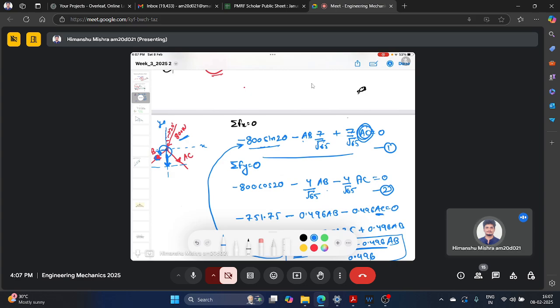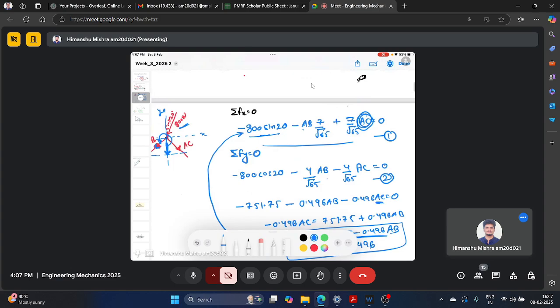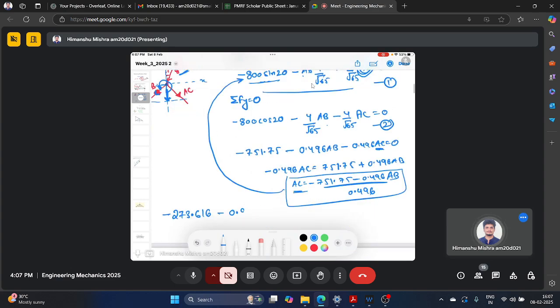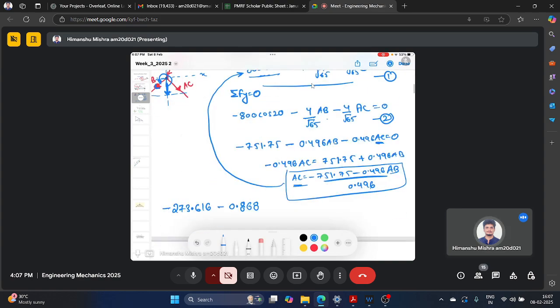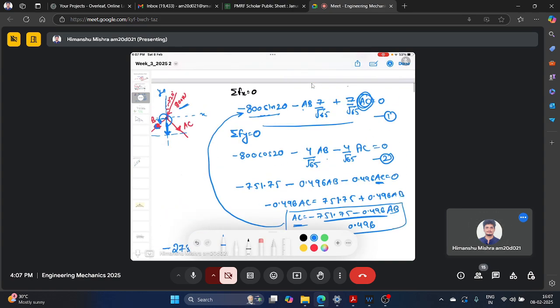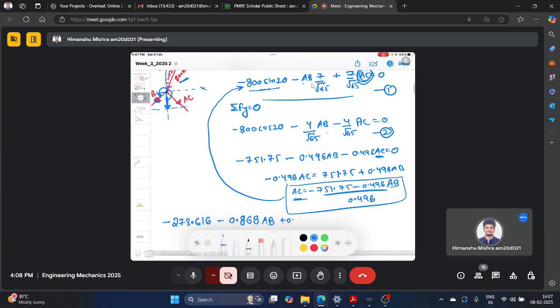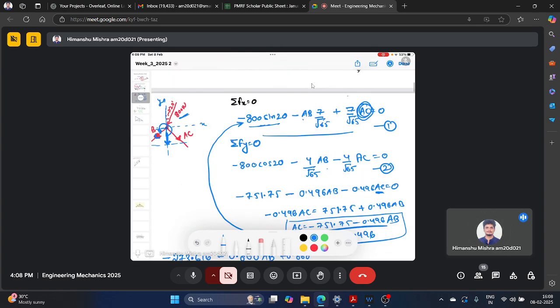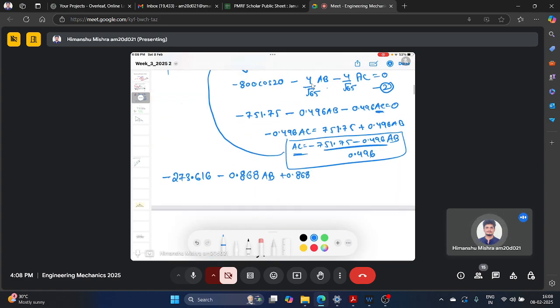Then AB 7 by root 65 is 0.868 AB, plus 0.868 multiplied by AC, and instead of AC I am using this expression of AC.